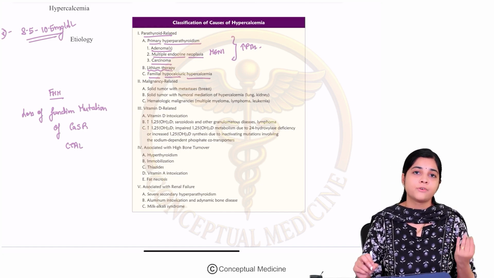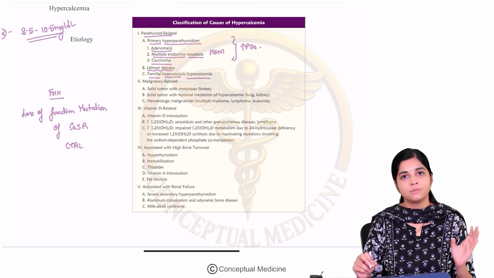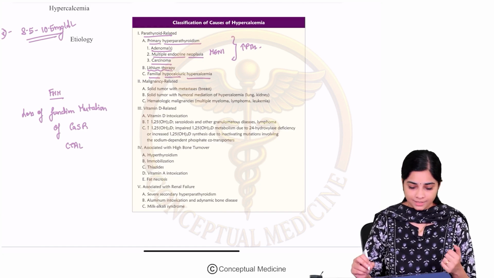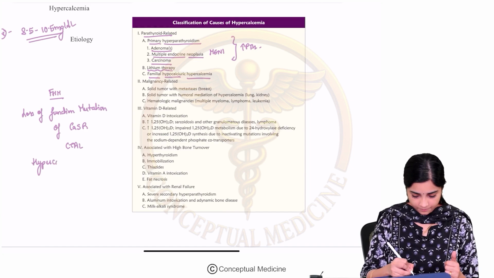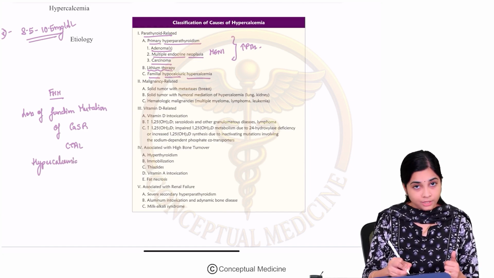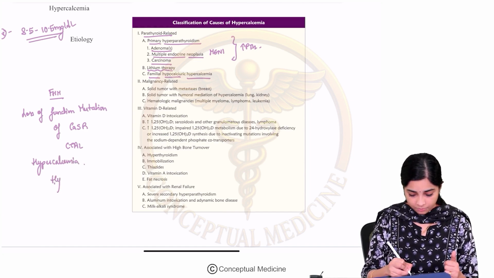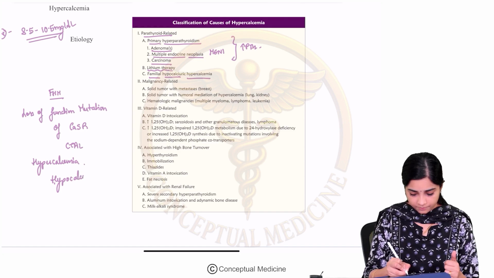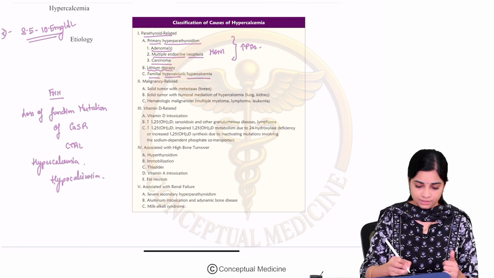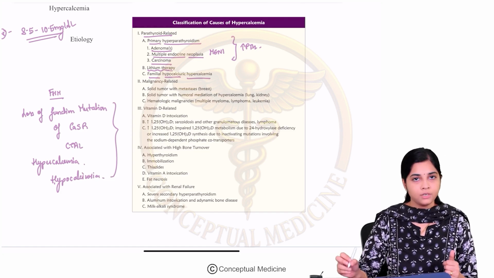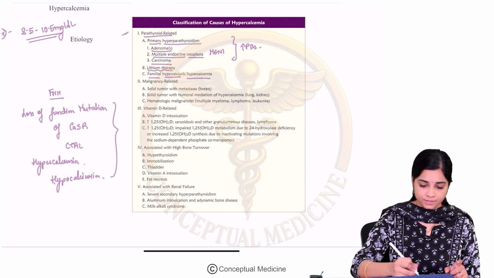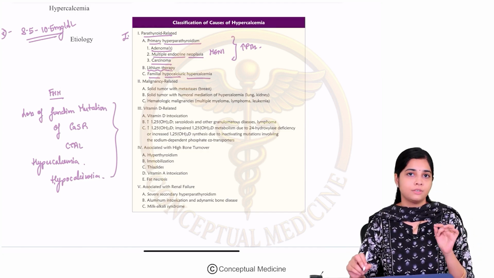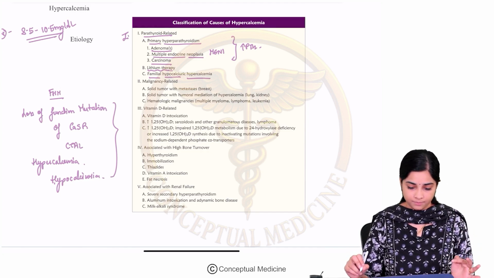So irrespective of the blood calcium levels, your calcium is going to get reabsorbed. That is why you get familial hypercalcemia. And what is the urine finding? There will be hypocalciuria. Okay, this is the reason. This is your FHH. Clear? So this is about your first bucket, which is your parathyroid related causes for hypercalcemia.